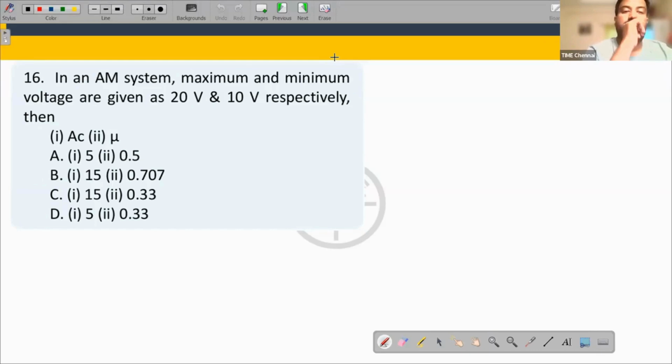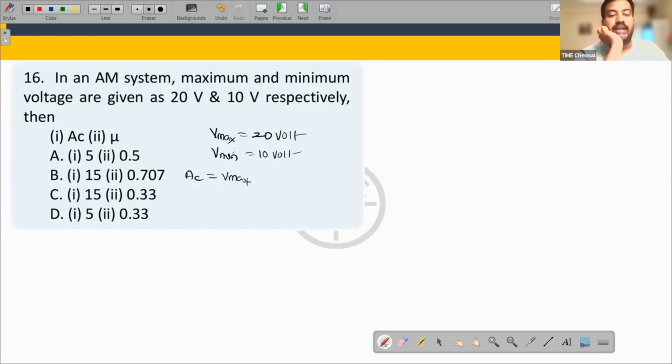What's the answer? Okay. In an AM system, Vmax is given by 20 volt. Vmin is given by 10 volt. AC is the average of Vmax and Vmin, which is 15 volt.